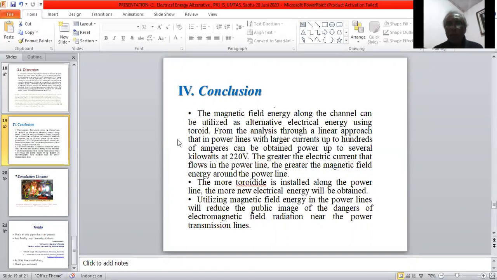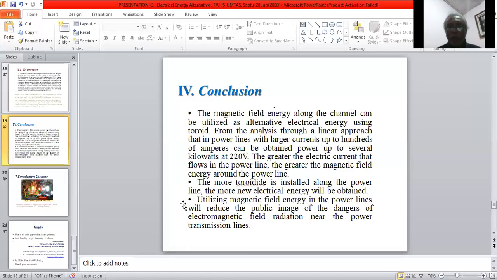The greater the electrical current that flows in the power line, the greater the magnetic field energy around the power line. Second, the more toroid is installed along the power line, the more net electrical energy will be obtained.